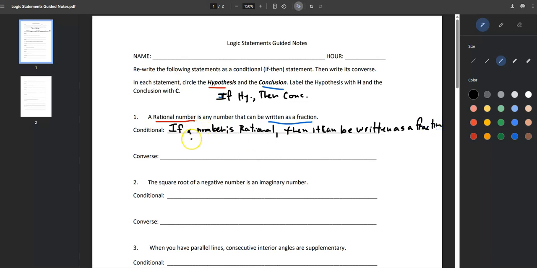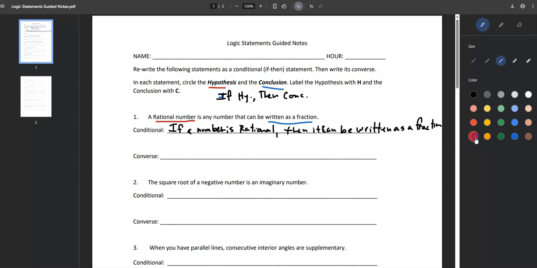So that would be my logic statement. And it might sound a little redundant, but we're just going to put these in if-then form, because as we go to do our 2-column proofs or paragraph proofs, we're going to want to use if-then statements to help guide us. So again, you just take the hypothesis and put it after the if, the conclusion after the then.